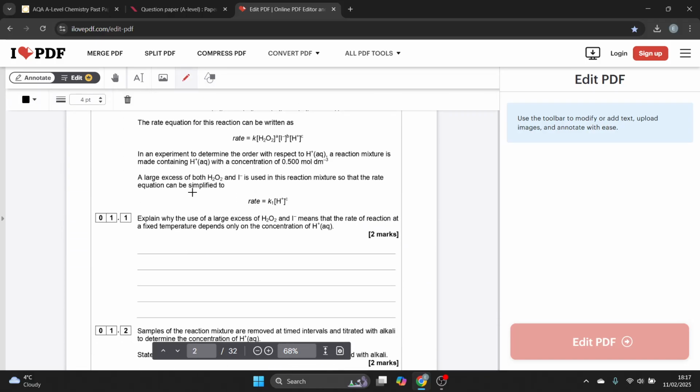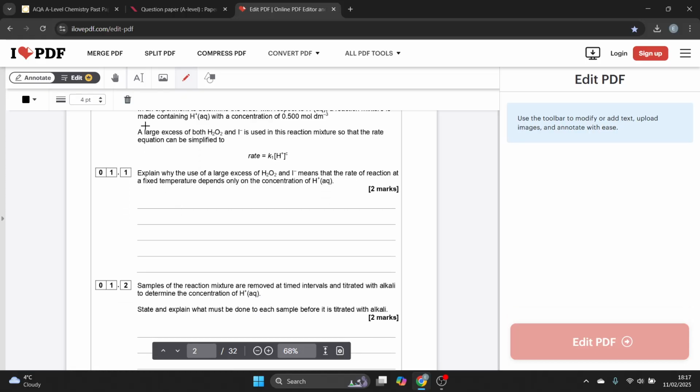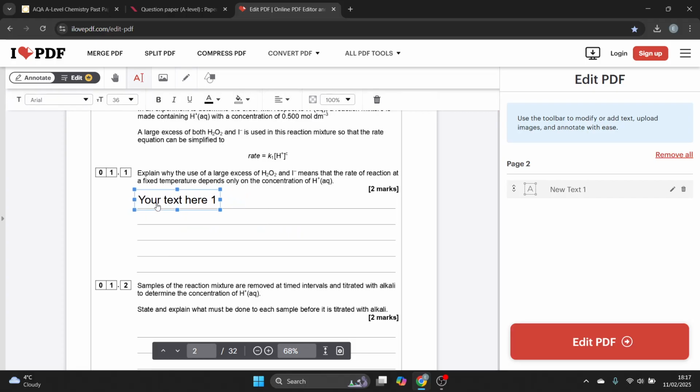Question 1. Explain why the use of large excess of H2O2 and I minus means that the rate of reaction at fixed temperature depends only on the concentration of H plus.